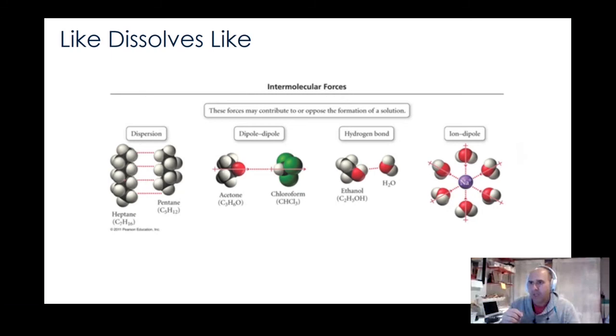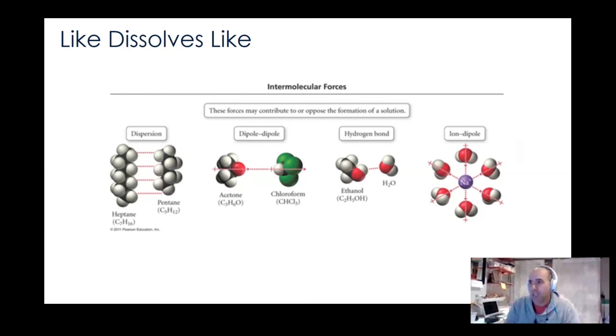And heptane only forms dispersion interactions with itself. When we have just pure heptane, the only thing it does is dispersion. Same for pentane. And when they mix, dispersion. So the two sets of forces are kind of the same, so great, they'll mix.